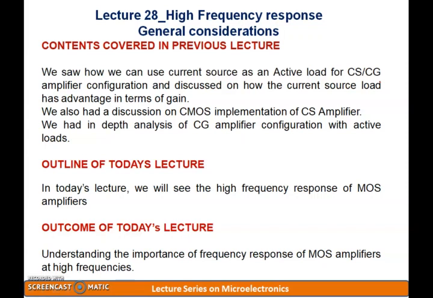In today's lecture we are going to move further and talk about the high frequency response of the MOS amplifier configuration. Once students understand this concept, they will be in a position to understand the key elements required to obtain the high frequency response for any amplifier configuration.